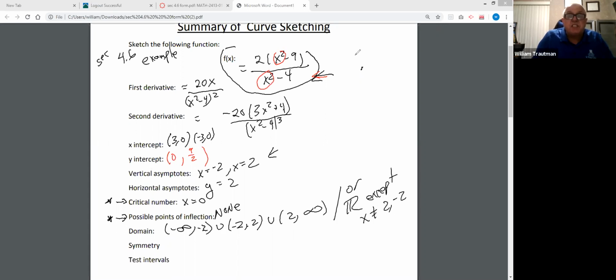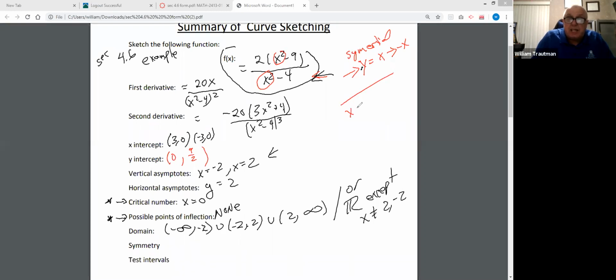Remember how to test for symmetry? If you're symmetrical with the y-axis, if you replace x with -x and you get the same function, then it's symmetrical with the y-axis.